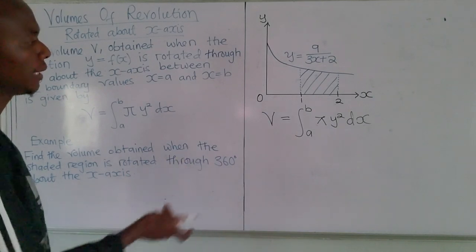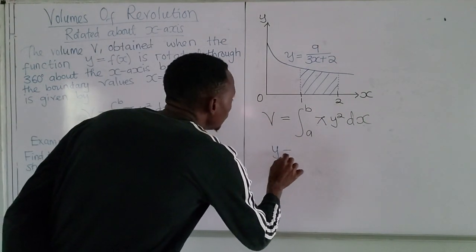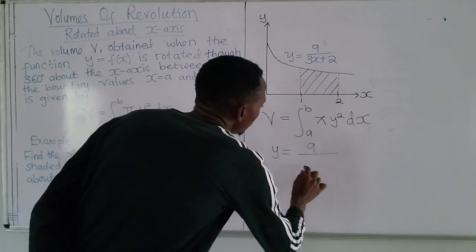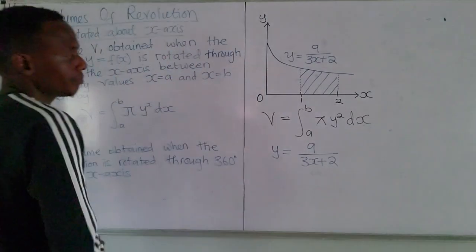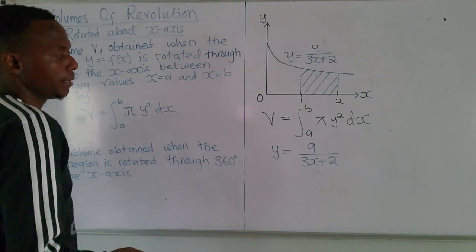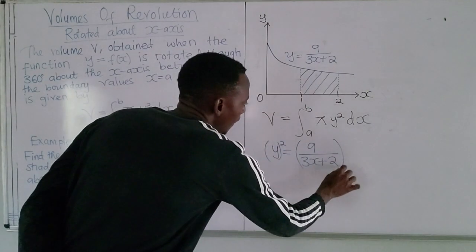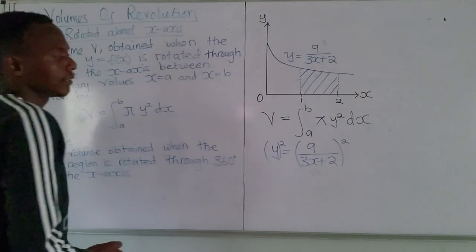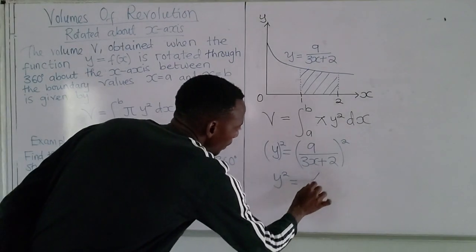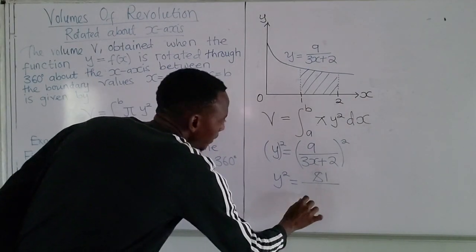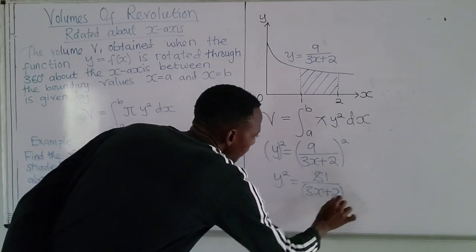So now we get the function y. y is equal to 9 divided by 3x plus 2. Now, remember, we have to square, so we square both sides. Our y squared will be equal to 81 divided by (3x plus 2) to the power 2.